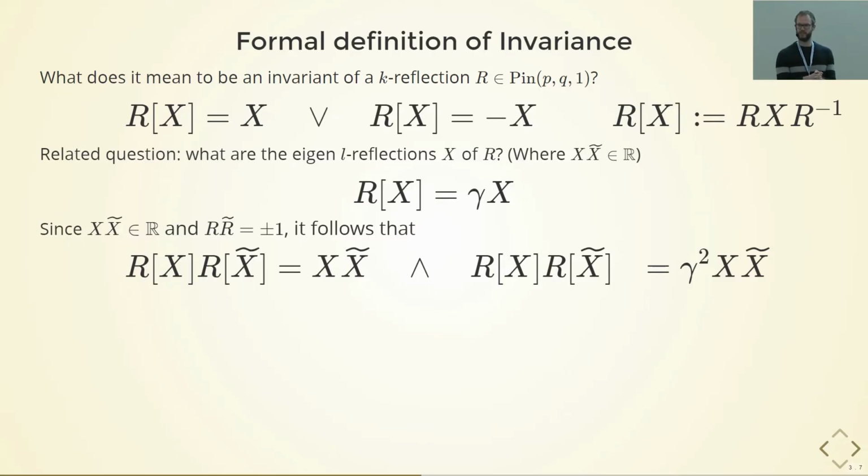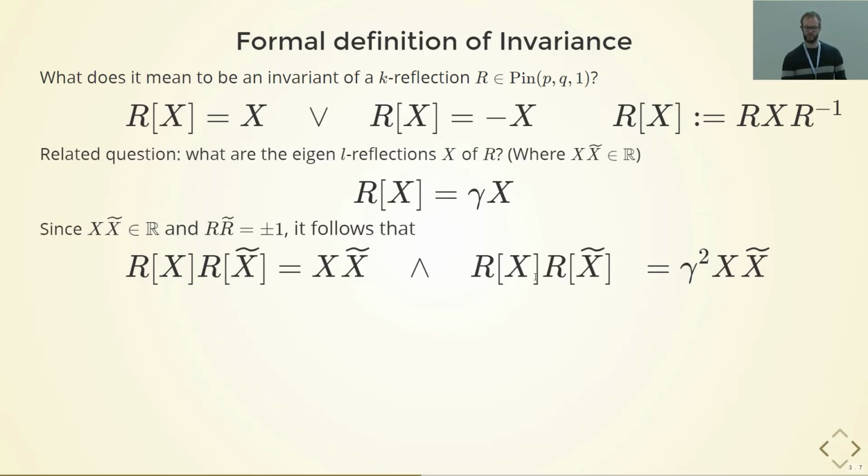If x is itself also an L reflection, then that means that its norm is a real number. And we know that the transformation R is norm preserving. So that means that if I act with R on the norm of x, that will be the same as the norm of x, right?